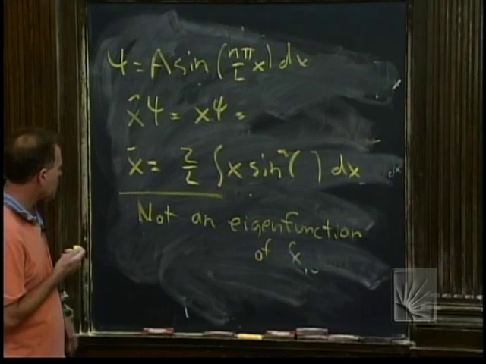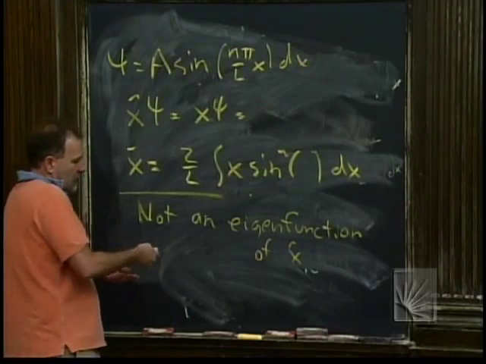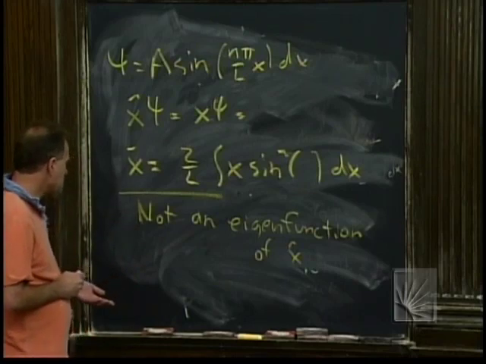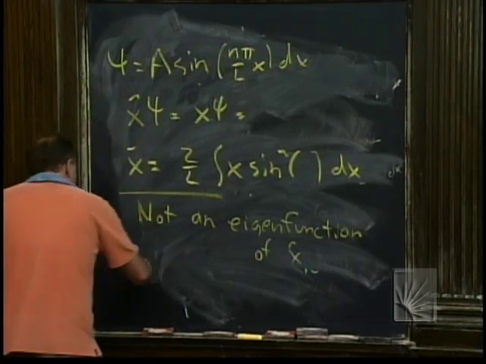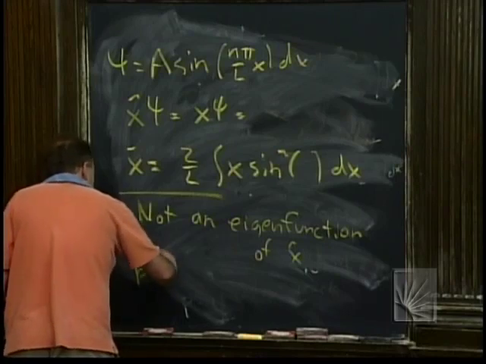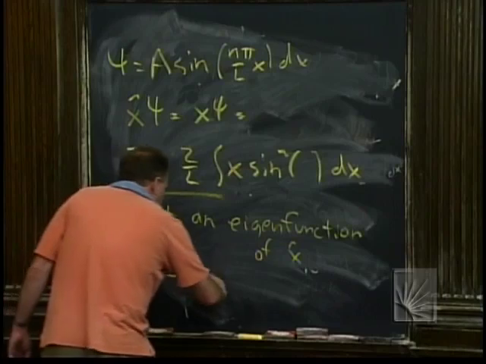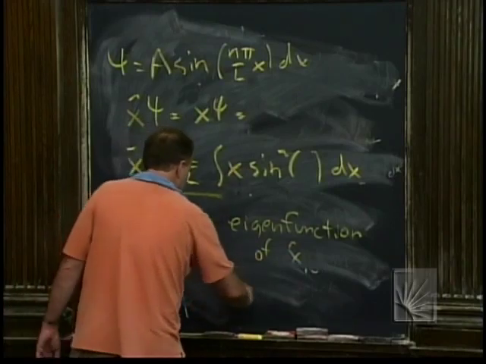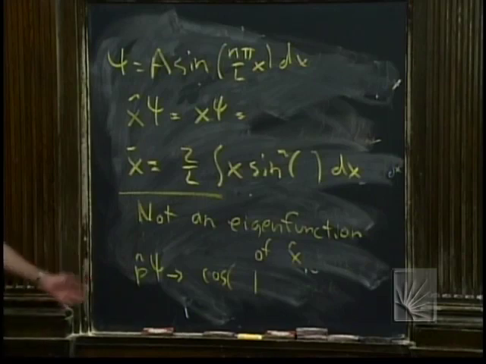But the idea is, of course, you operate on something, and if it's an eigenfunction, you get back the thing again. Momentum, similarly, clearly not. So p hat times psi, I get a cosine. That's not the psi again. So it's not an eigenfunction of momentum.